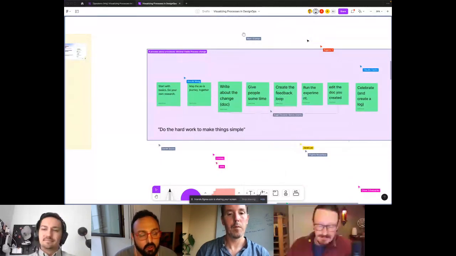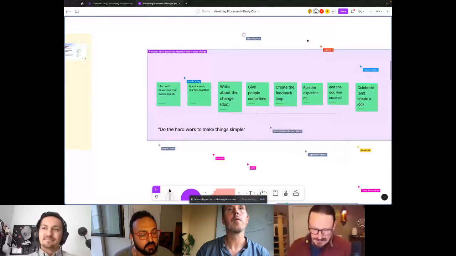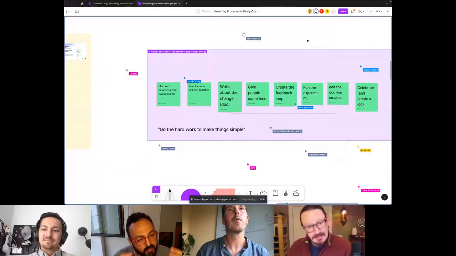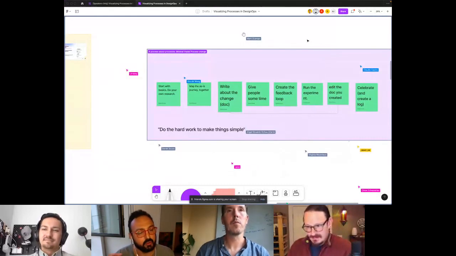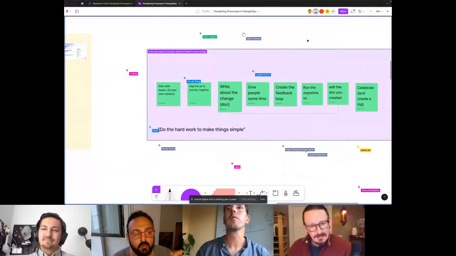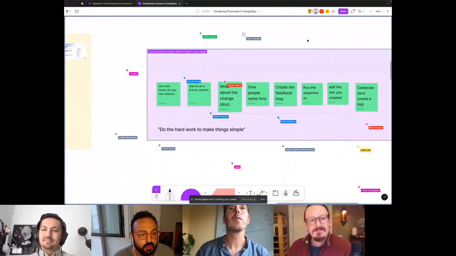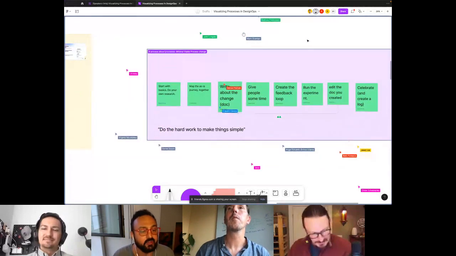But before you even run the experiment in the process change, I think you always need to create the feedback loops. Create the moments for talking about that process change, which are not the same moments you're talking about your product work, right? Because sometimes if you talk about that process change during your retro, you're not giving space for the conversation about the process itself.